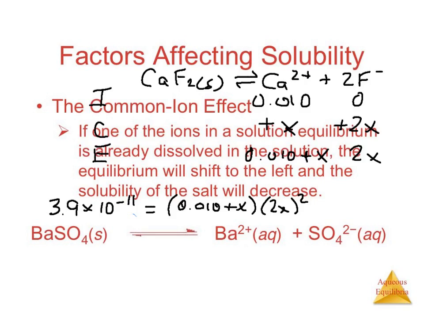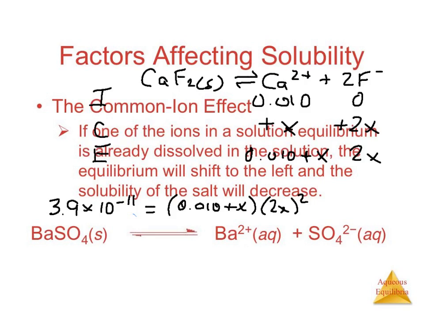So what we can do here is the simplifying assumption again. Notice that the KSP of CaF2 is 3.9 times 10 to the negative 11th. What that tells me is the amount of Ca2 plus that's going to come from the dissolving of CaF2 is incredibly small compared to the 0.010 molar Ca2 plus that's already in the solution.